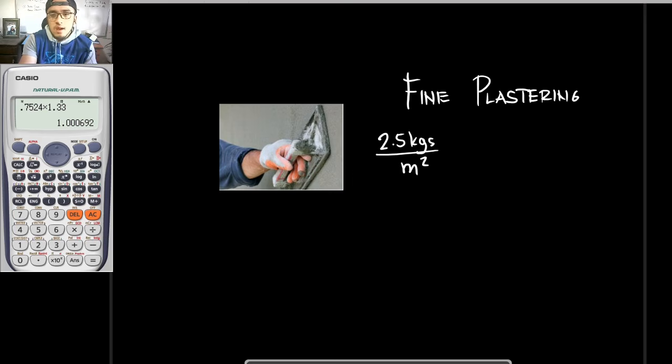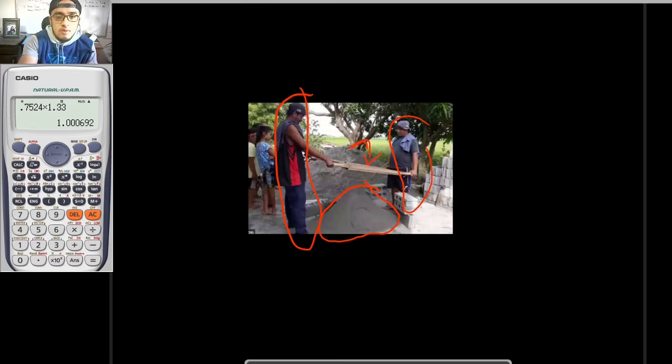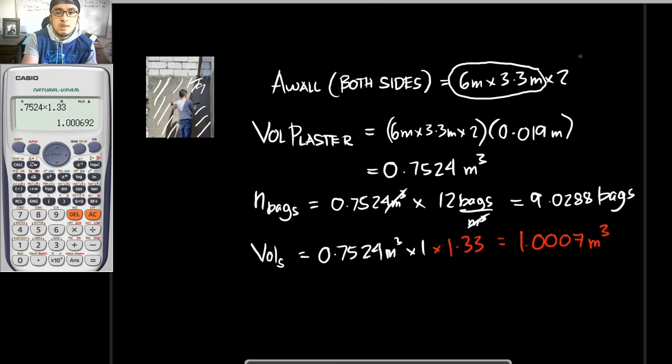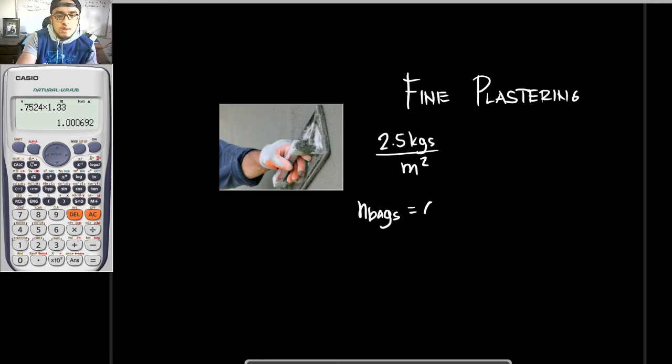So to get the number of bags of cement, we take the plastered area, which is 6 meters times 3.3 meters times 2, and multiply it by 2.5 kilograms per square meter.